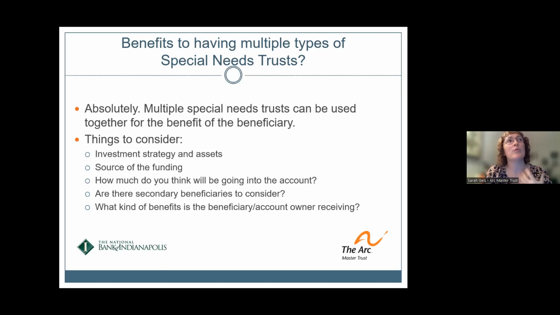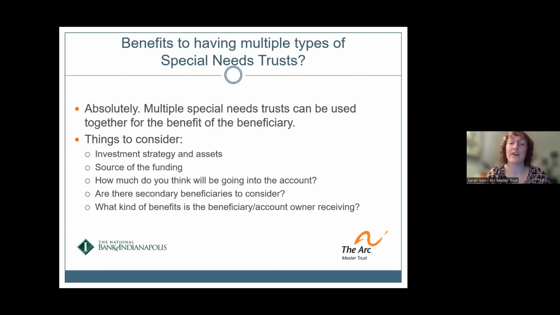And the things that you would really want to consider when you're thinking about what types of special needs trusts might be best for your situation: you've got to think about the investment strategy and the assets. Are you wanting to leave a home in a special needs trust, or do you want a bit more say on how the trust is being invested?